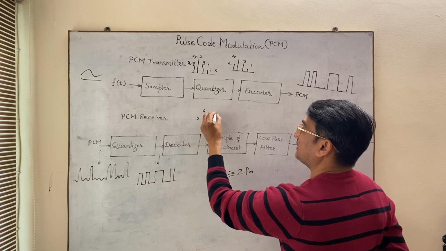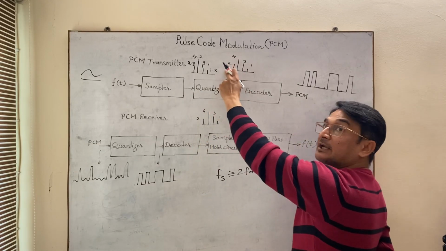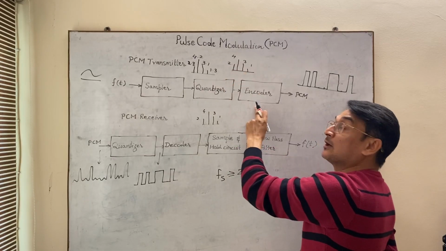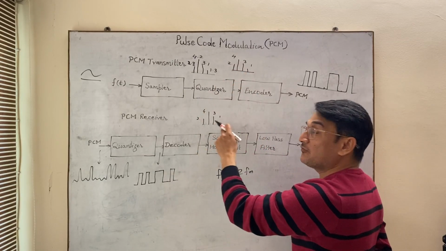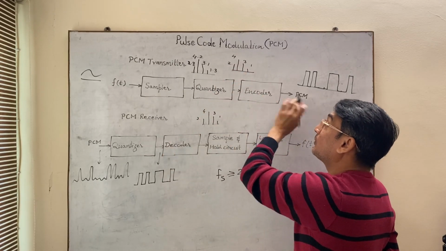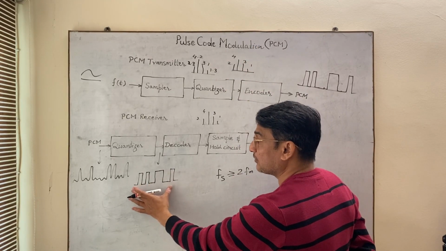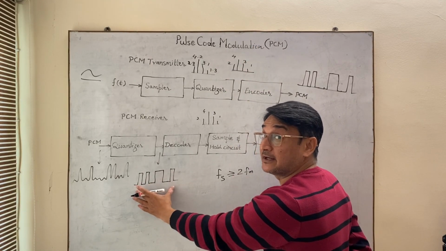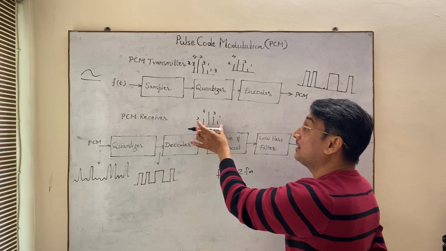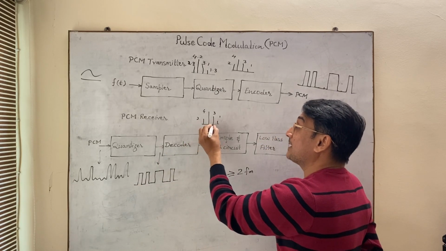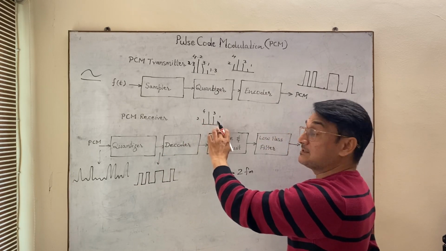The input which we gave to the encoder will be the output of the decoder, because the decoder performs the reverse operation of the encoder. If the input of the decoder is the binary data, the decoder will give the output as the samples.